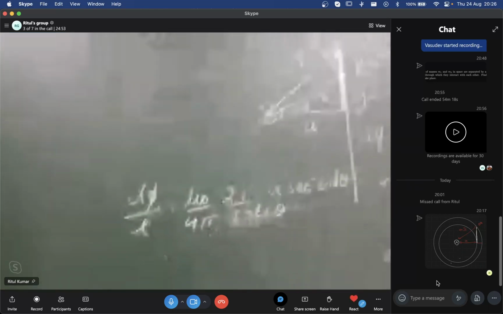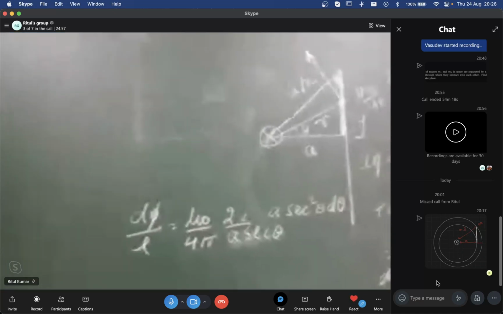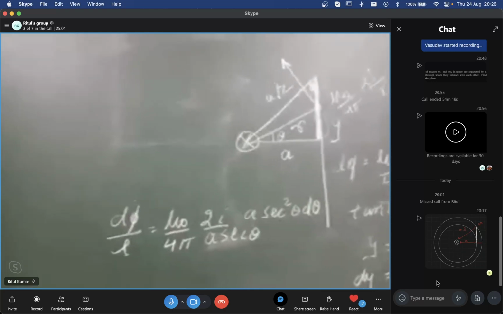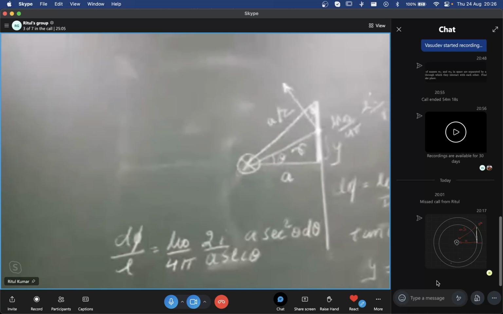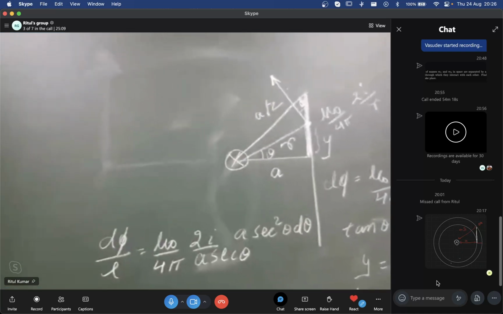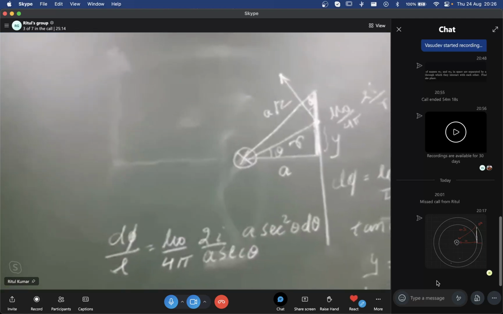Now we are to integrate sec theta d theta to get flux. From where to where theta will vary is known to you: 0 to pi by 4.